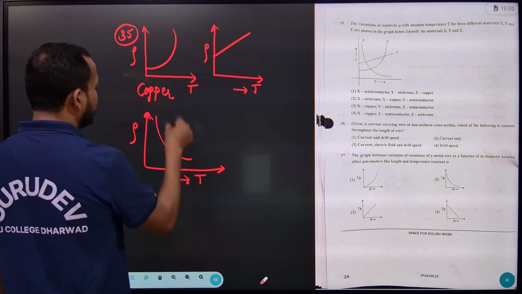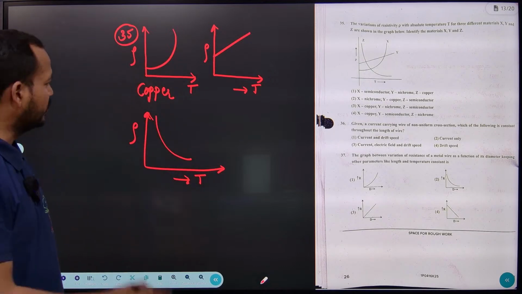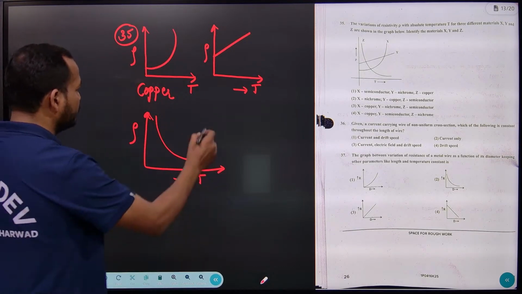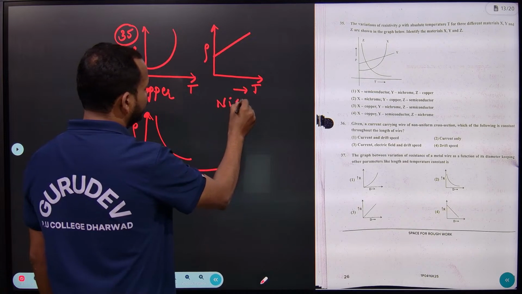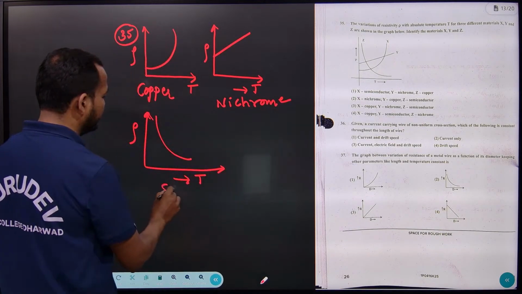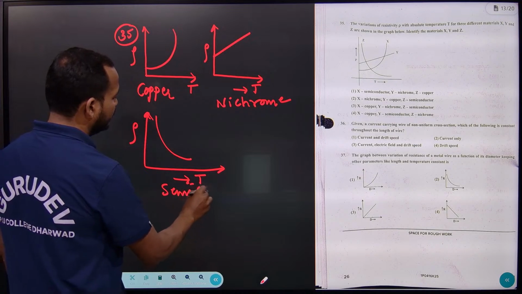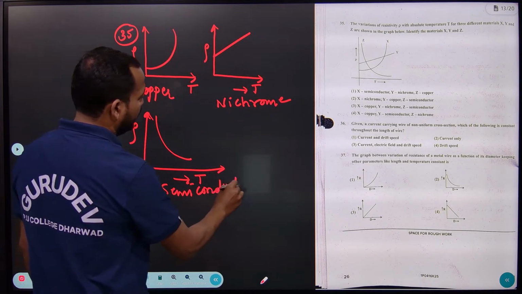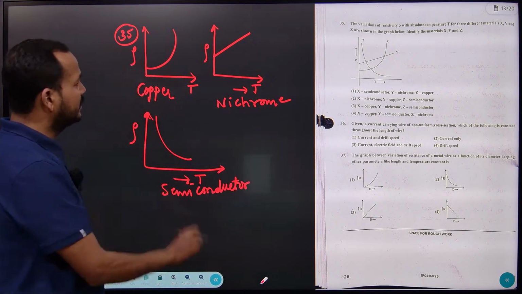As temperature increases, its resistivity decreases. So this is for semiconductors. This is for nichrome and this is for semiconductor. So this is question number 35.